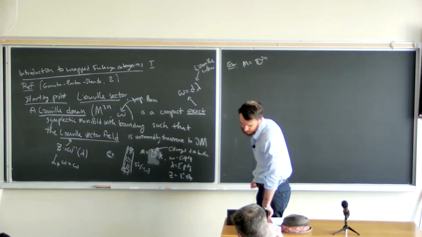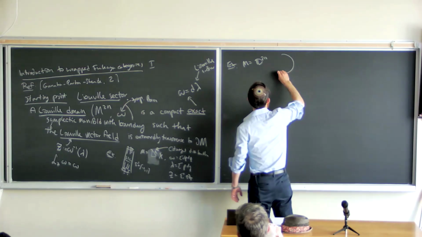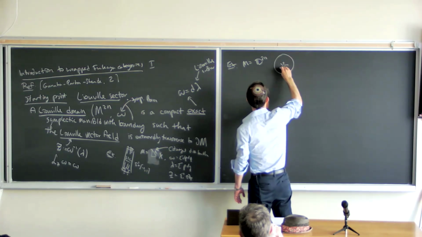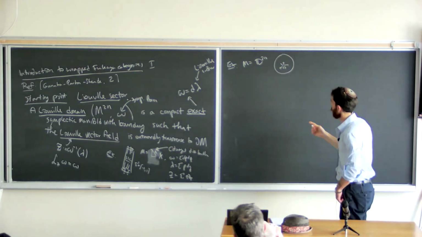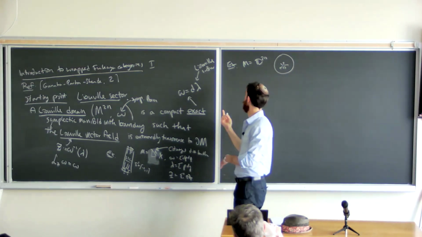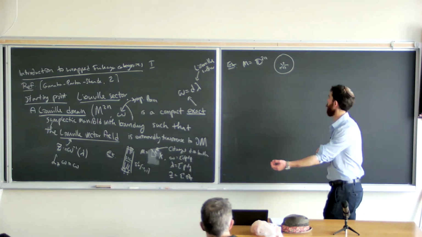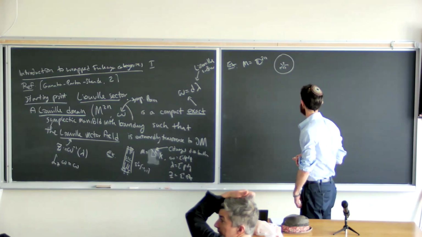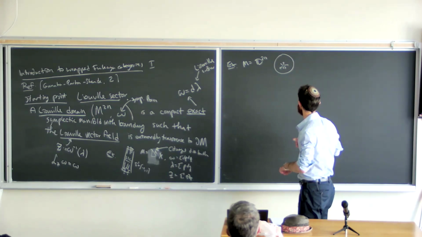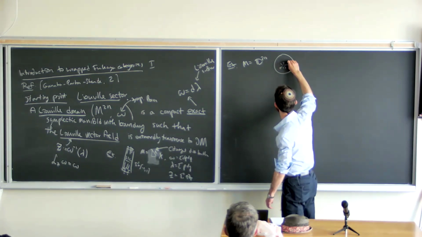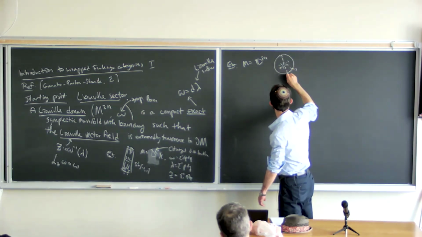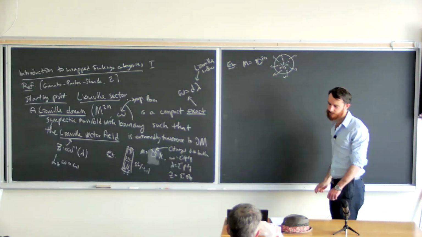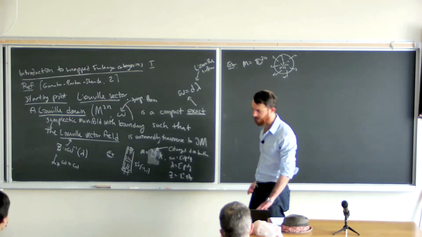Here, I can take my Liouville vector field to be the radial Liouville vector field. So it's again just this vector field that's pointing outwards like this. Okay, so those are a couple of examples of Liouville domains.